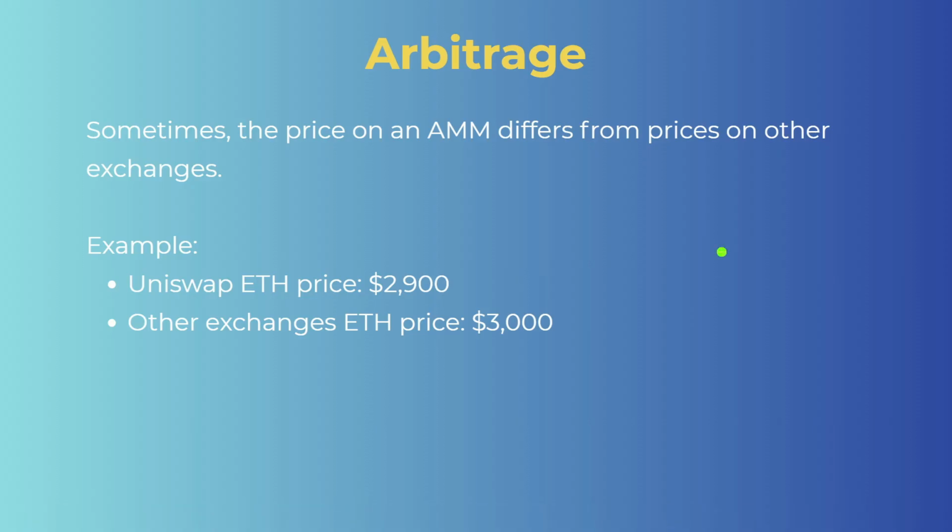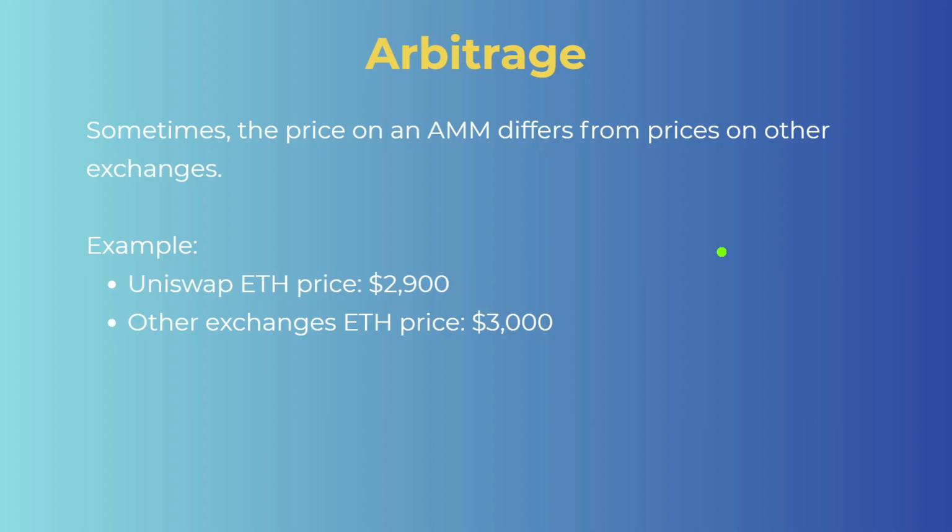Now when we deposit a token, as we have seen earlier, into the pool, so for example, we want to make a swap of Ethereum for another token like USDC, of course the price changes after the swap. The price of Ethereum in the pool changes with respect to, for example, another exchange.